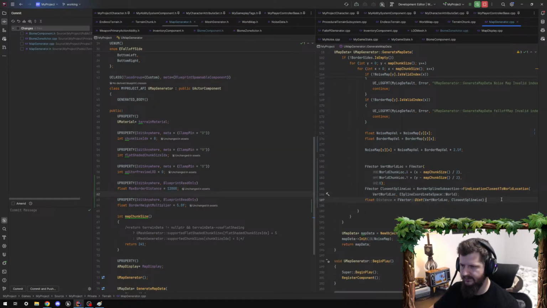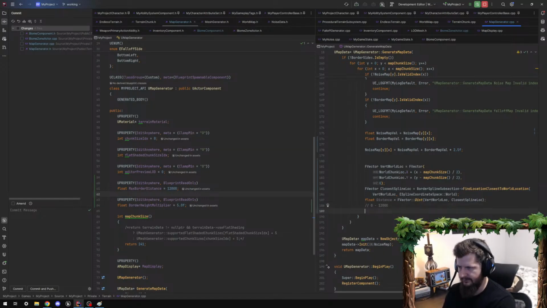And I need to lerp here at some point. But essentially what I want is to interpolate between 0 distance and, let me put this in a comment, 0 to 12,000, which is max border distance.